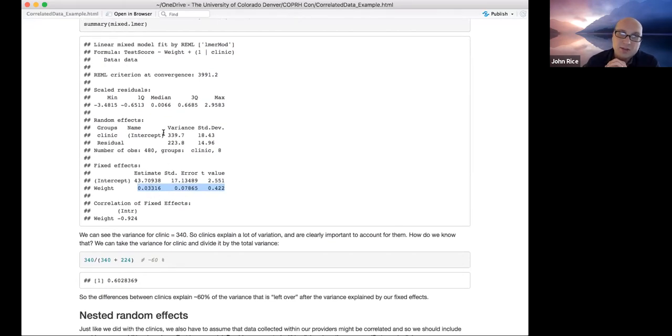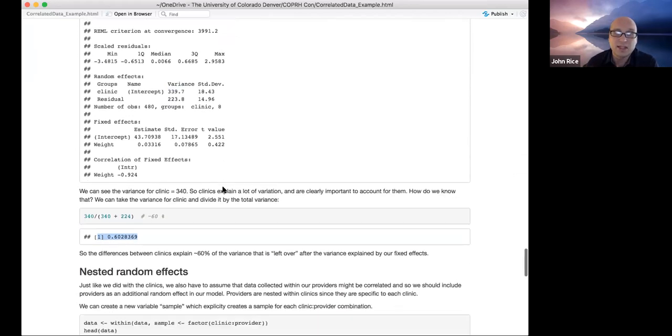And we also noticed that we have a large variance of 340 for the random effect compared with the residual variance of 224. So if we compute our intraclass correlation coefficient, or our ICC, we end up with a value of about 0.6. So 60% of the variability of our outcome is coming from that between cluster component. So that's quite a bit.